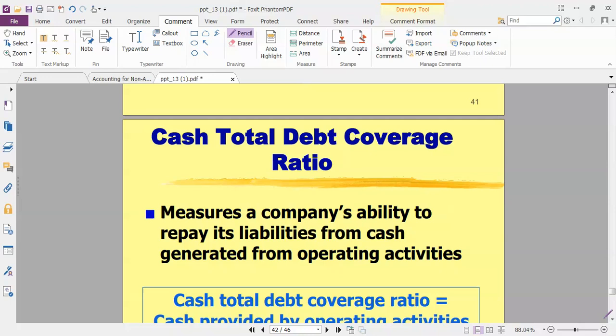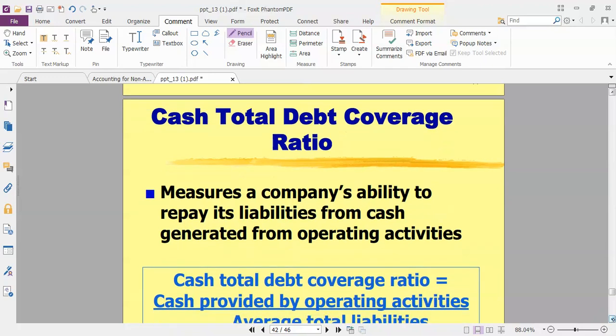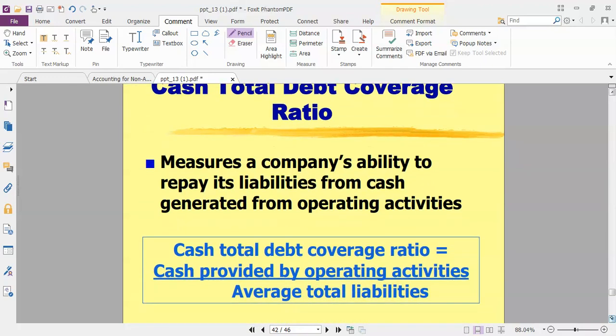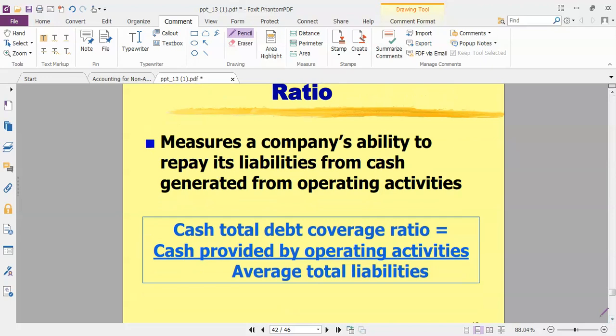So the cash total debt coverage ratio is to determine whether the company has enough cash to pay its liabilities, debts, or obligations. So how to calculate the ratio: cash provided by operating activities, we must divide by the average total liabilities.